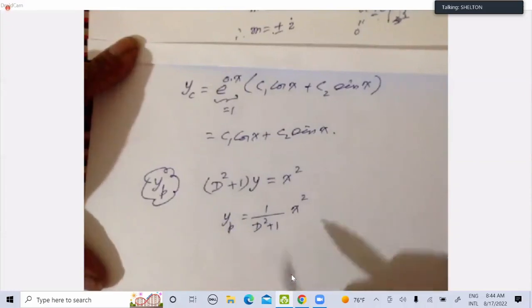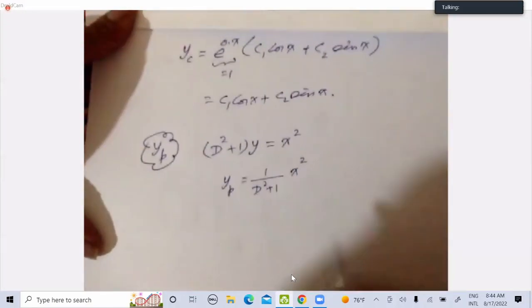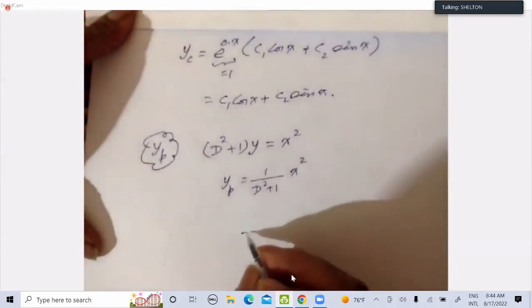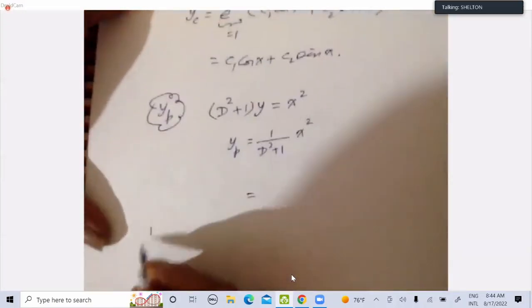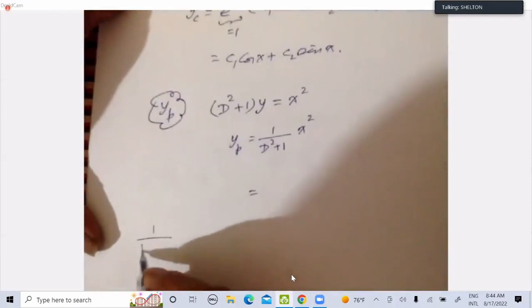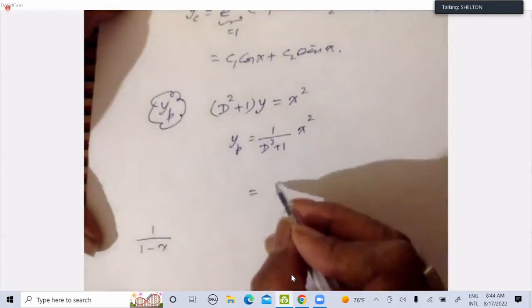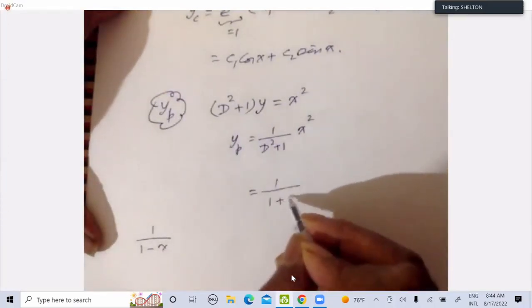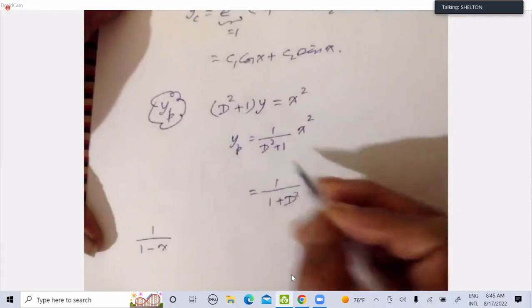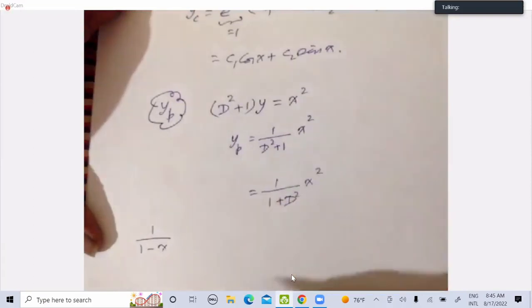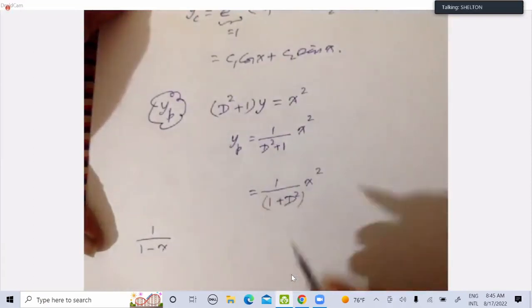This method works. This is equal to 1 over 1 plus D squared acting on x squared. How do I do this? We use that formula, 1 over 1 minus x. Operators switch now, they are the same.